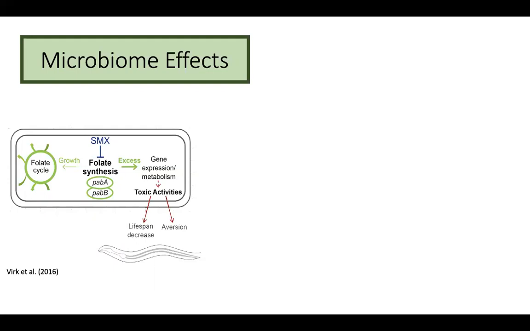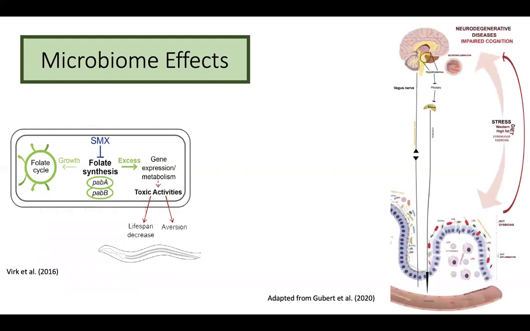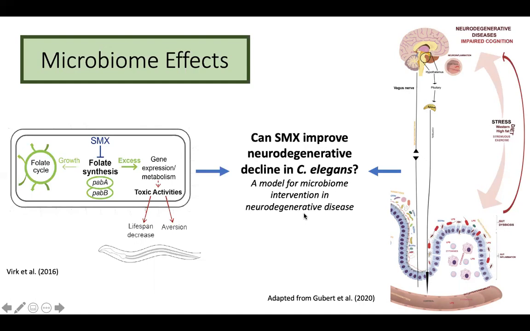The microbiome is of growing interest in the field of neurodegeneration, as it may be a source of inflammation through cytokine production or through LPS secretion, and that can exacerbate symptoms of neurodegeneration. Therefore, SMX could potentially act as a microbiome-targeted therapy, and this C. elegans system could be a model for microbiome interventions. And this is what I plan to be testing in my next project.